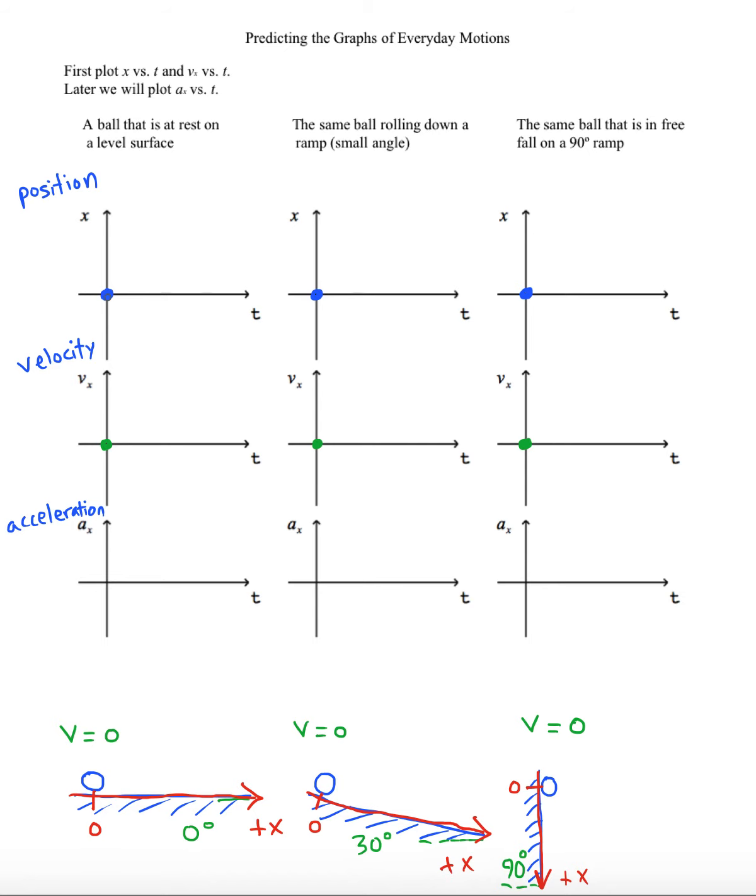Okay. What should our position versus time graph look like for this case? You release the ball on level ground and it doesn't go anywhere. If its position doesn't change with time, then it should remain 0 for the rest of the time. And so we just want to connect these points, and that's going to be the graph for that ramp.